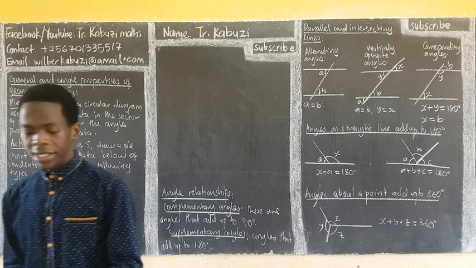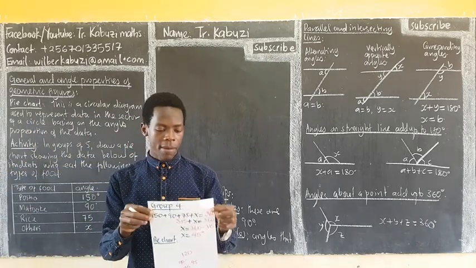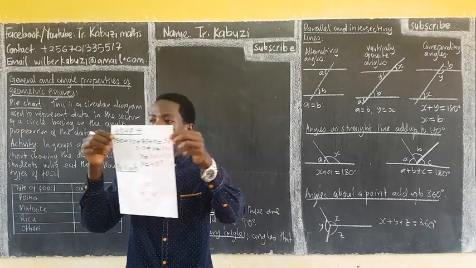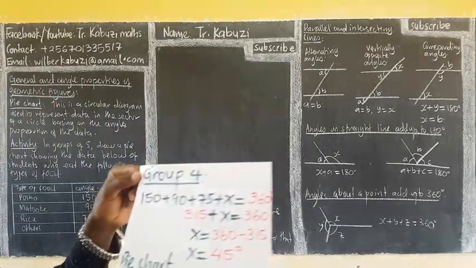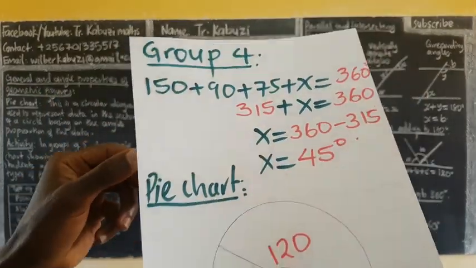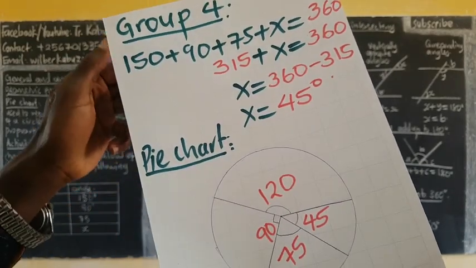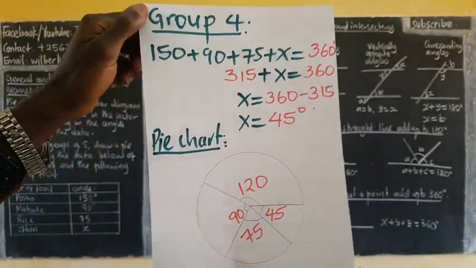Okay, so this is group 4, and this is how they are presenting their work. I don't know if everyone can see. Hope you can look at it properly there.